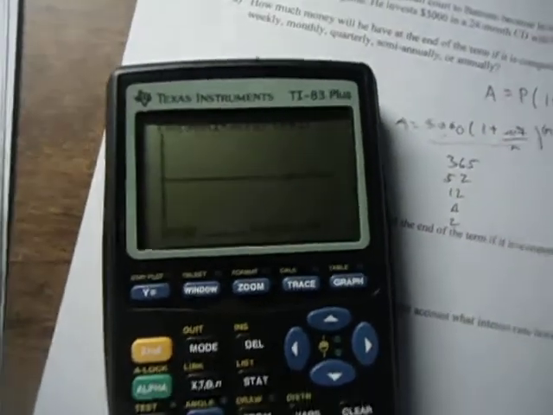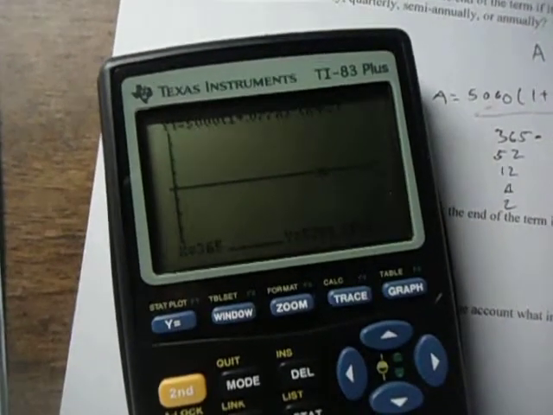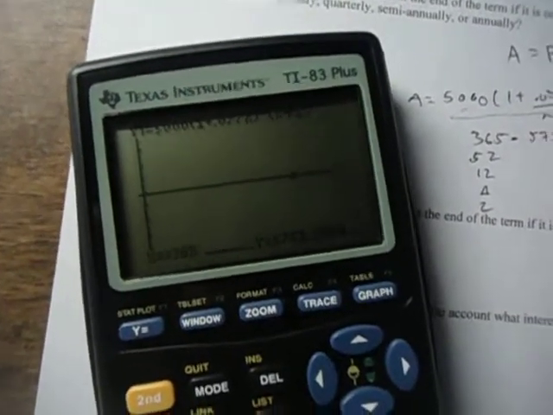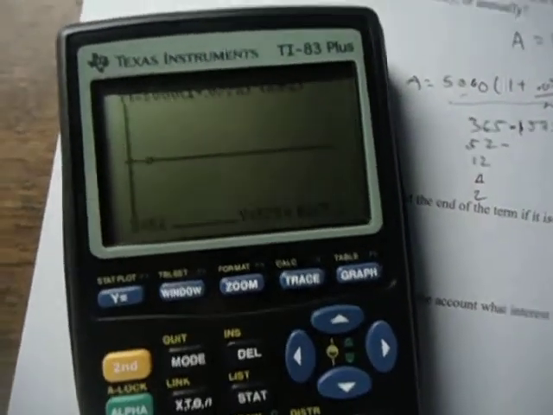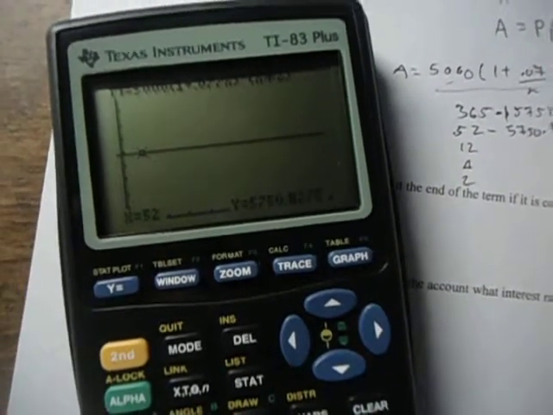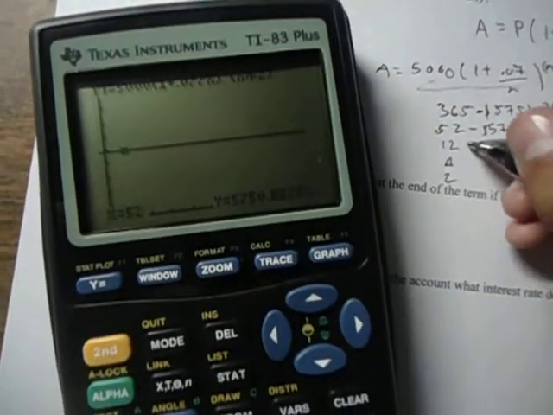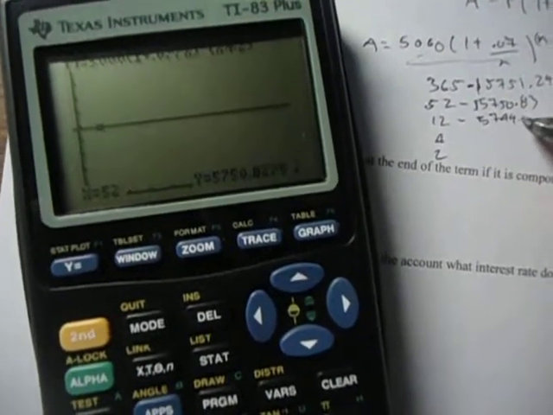For 365, it's going to be $5,751.29. For 52, it's going to be $5,750.83. For 12, it's going to be $5,749.03.